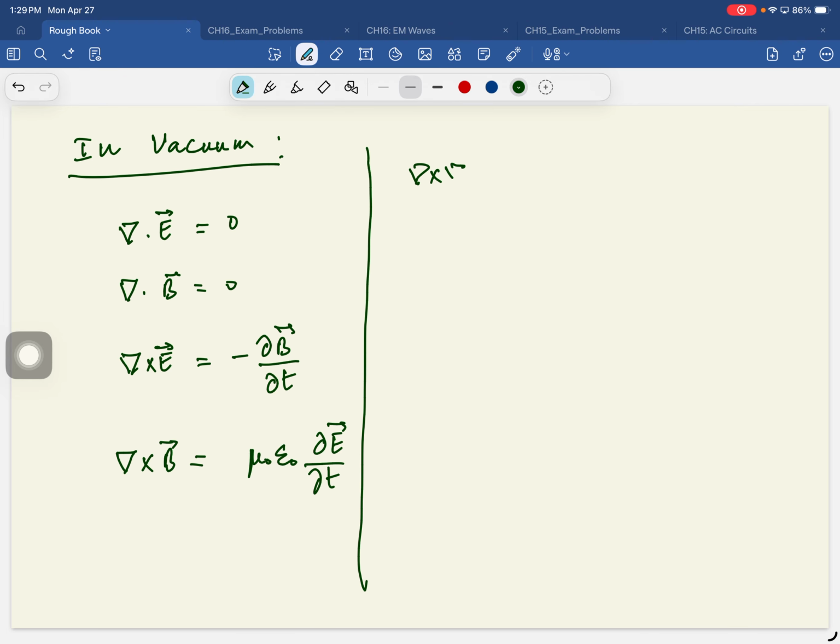I, and so on. See, this operator acting on Ax, i, and this operator acting on Ay, j, and so on. Okay, so that's the y component.